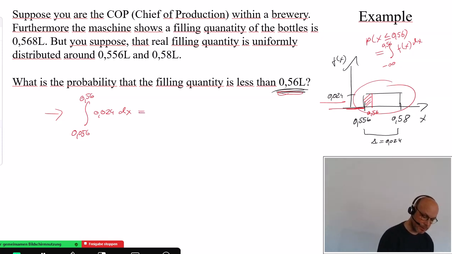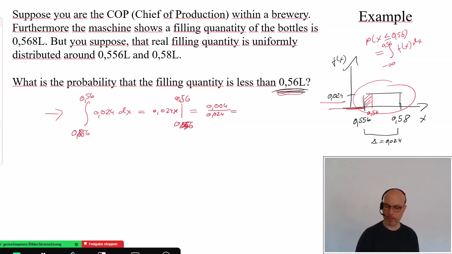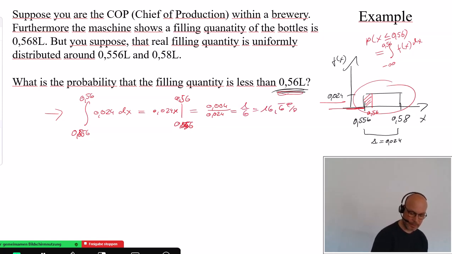Well, and this is of course 0.024 times x within the borders 0.556 until 0.56, and this is 0.004 over 0.024, and this is 1 over 6, so 16.6%.